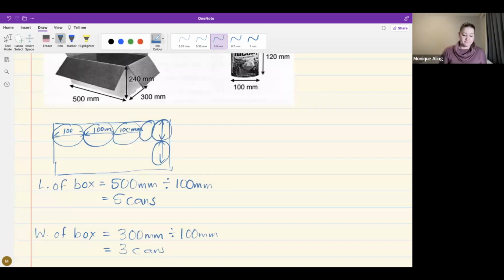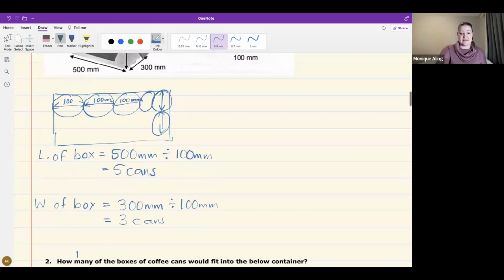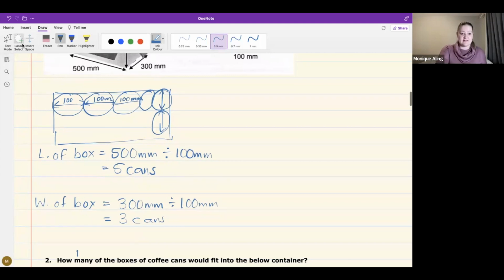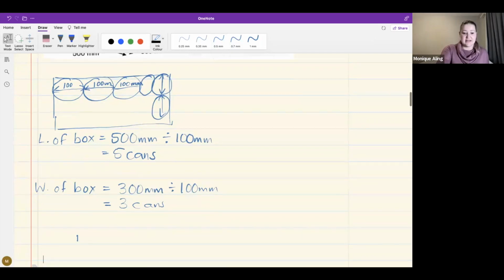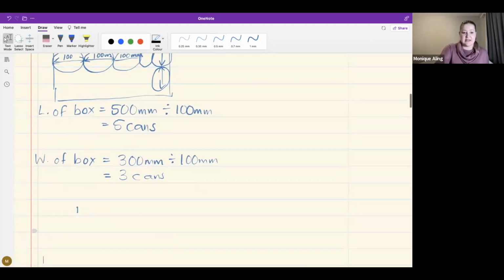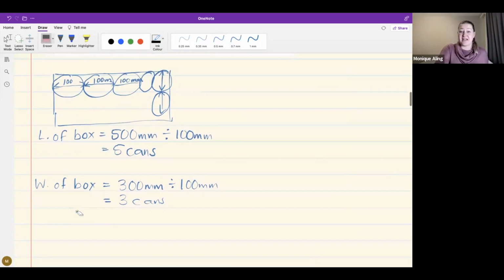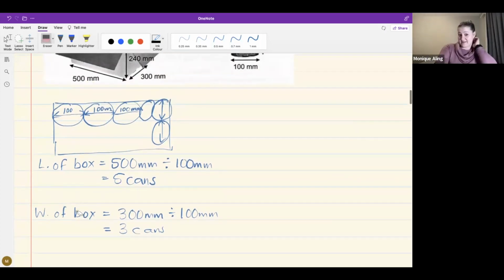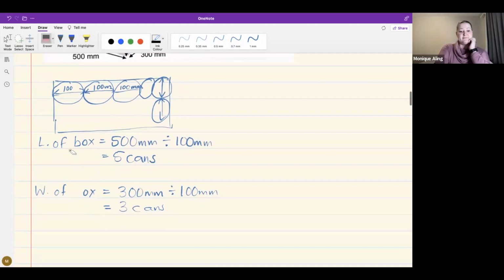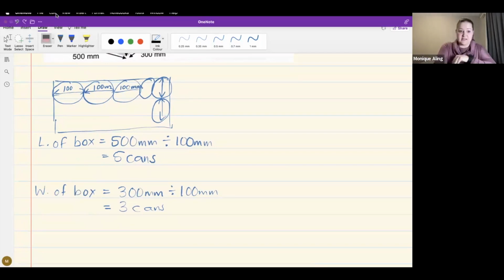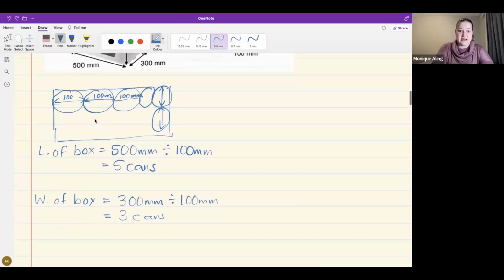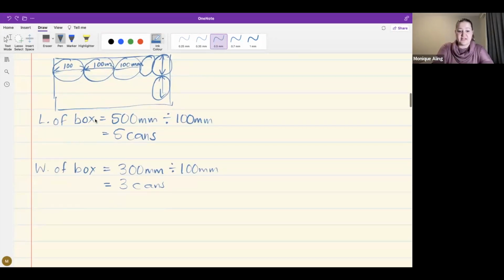Okay, then just want to create some more space here quickly. We've got a third dimension, which is the height, because maybe we can fit a few layers of coffee cans. So I'll look at the height of my box, which is, I go back up quickly, 240.